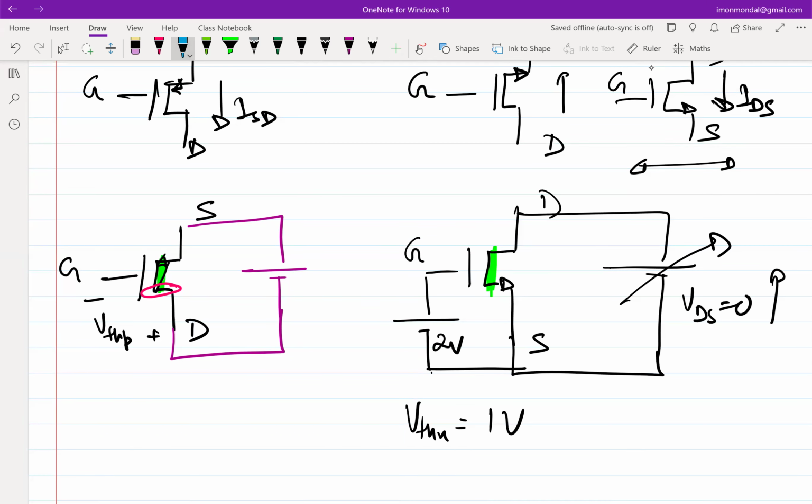So essentially, this is going to become like this, not drawn to scale. Something like this. And when will the pinch off happen?